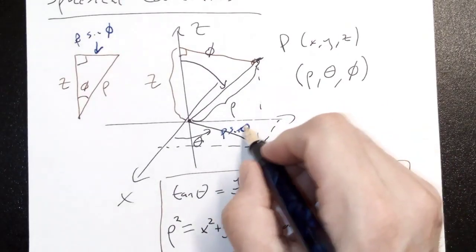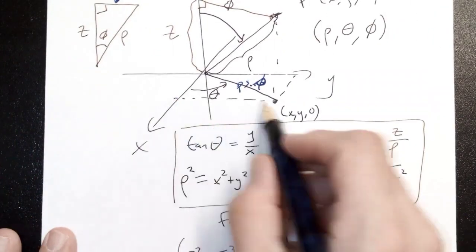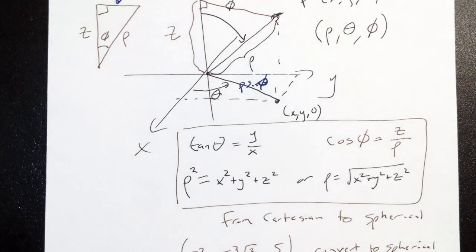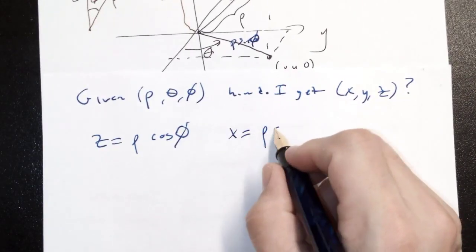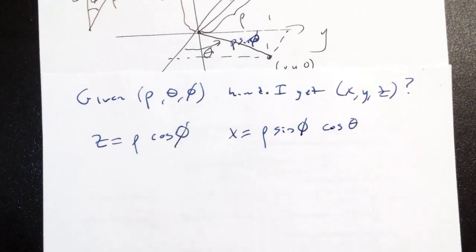Oop, not theta, phi. That means here, when I go to do this triangle, I use r cosine theta and r sine theta. So x is rho sine phi cosine theta, r cosine theta.